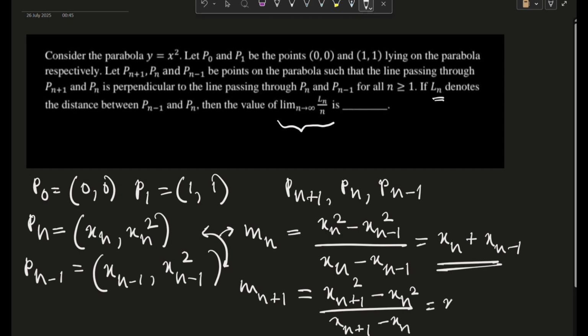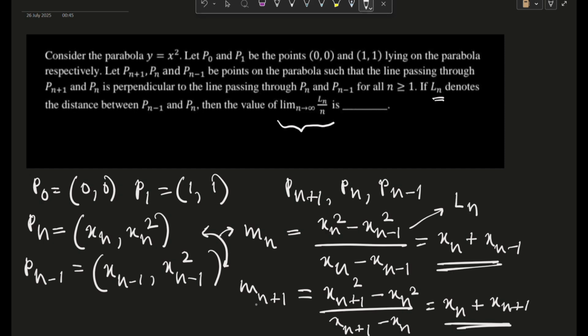So this gives us x_n plus x_(n+1). These are the two slopes we are getting, and these two lines: one is this line, which I will take as L_n, and let's say this line is L_(n+1).